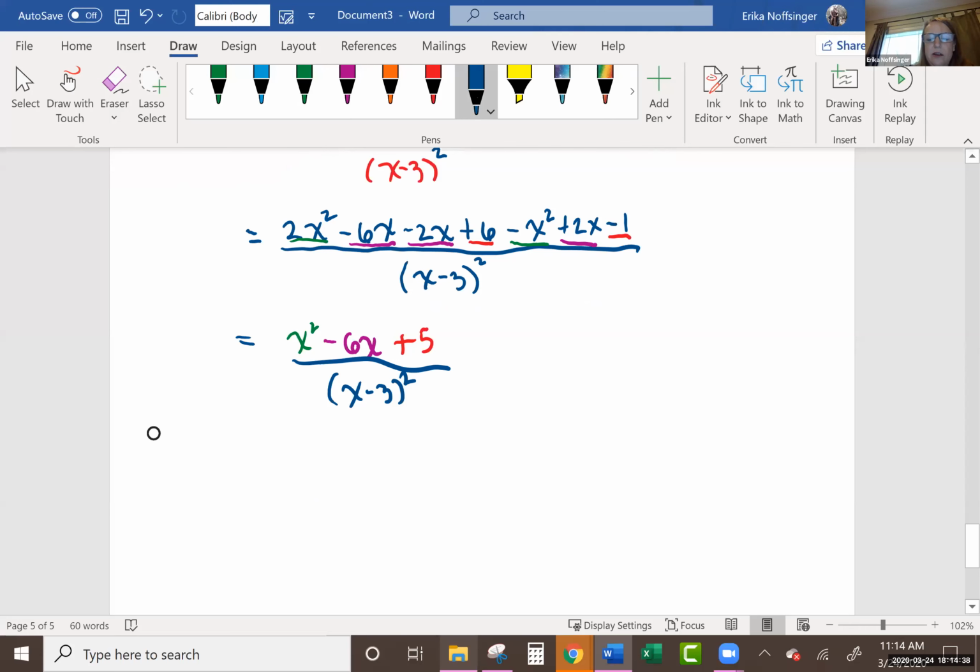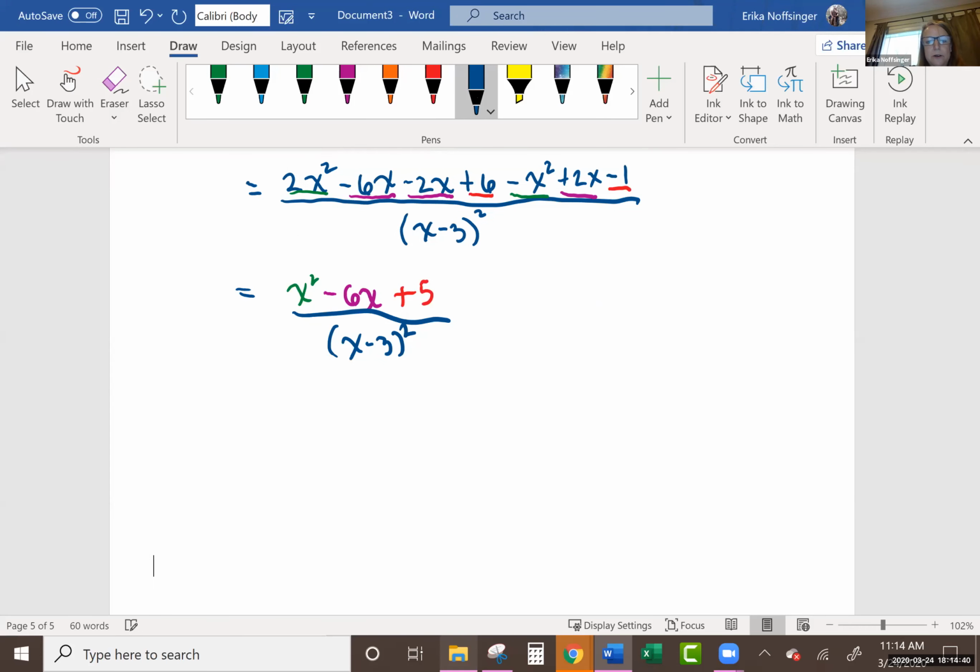Okay, so we're looking at now, when is f prime of x equal to 0? Or undefined.